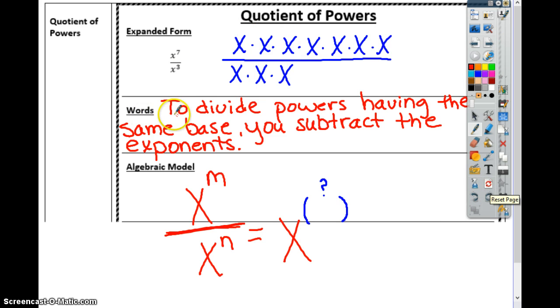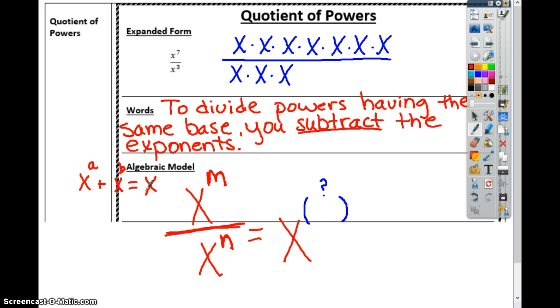Now, let's see. In words, that means to divide powers having the same base, you subtract the exponents. And I decided to use the letters m and n. On Friday, when I asked x to the a power times x to the b power, what did that equal?